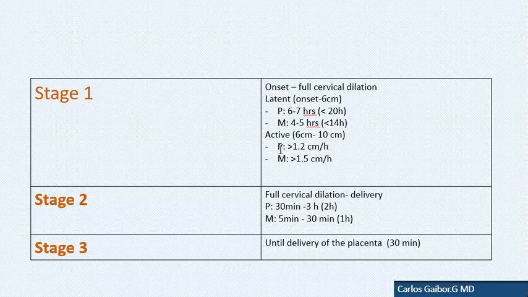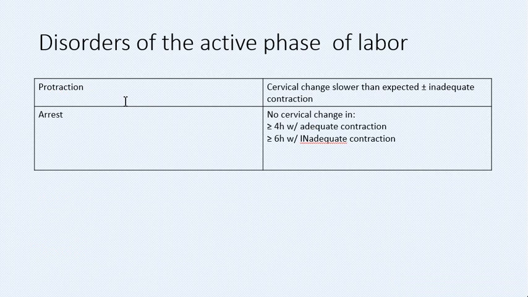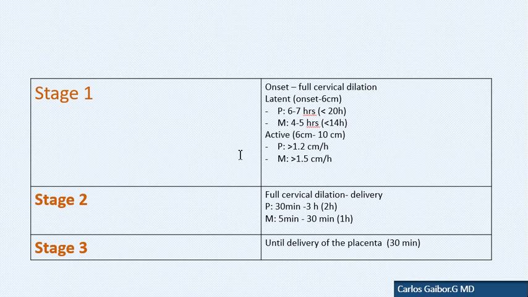In the active phase, we also have 2 disorders, one called protraction and the other arrest. Protraction is basically when the dilation of the cervix is slower than expected, and it can also present with inadequate contraction. What does slower than expected mean?